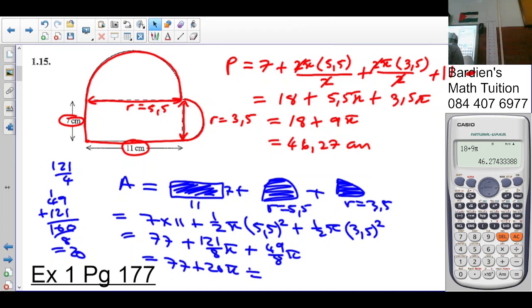You put that in the calculator, so it's 77 plus 25, 139.83. Is that correct? No. Okay, no problem. The answer should have been 143. Yes. Right. I made a mistake somewhere.